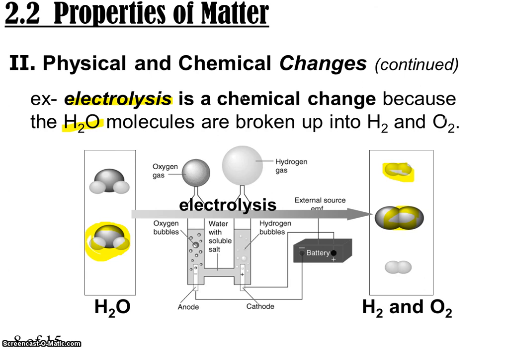It gets changed into two new substances. And these new substances have new physical properties and new chemical properties. So for example, while H2O in a large quantity could be a liquid, H2 and O2 at the same temperature are going to be gases. So that's a different physical property.